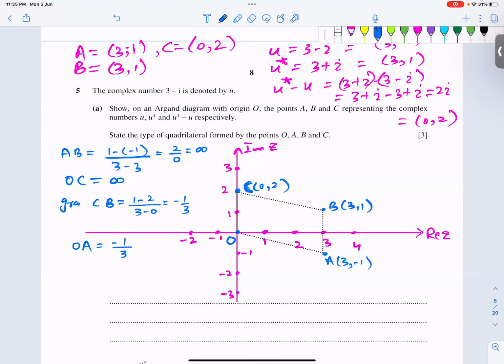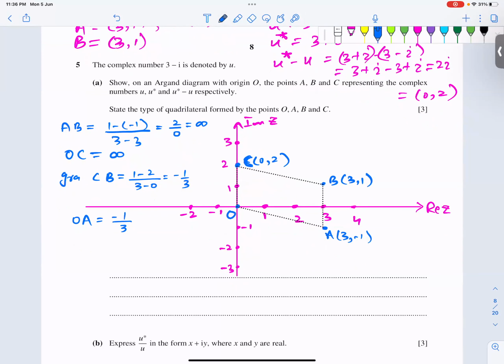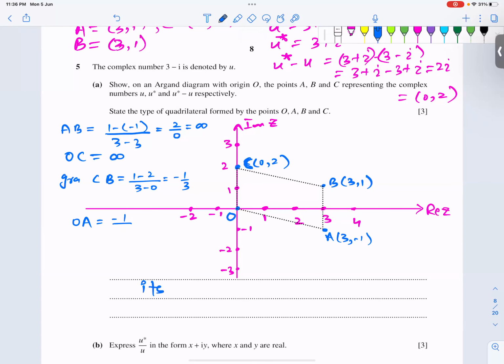So it means both are parallel, like CB is parallel to OA and AB is parallel to OC. So if opposite sides are parallel, that quadrilateral is known as a parallelogram. Okay. You can also say that this is a trapezium. Okay. So it's a parallelogram.